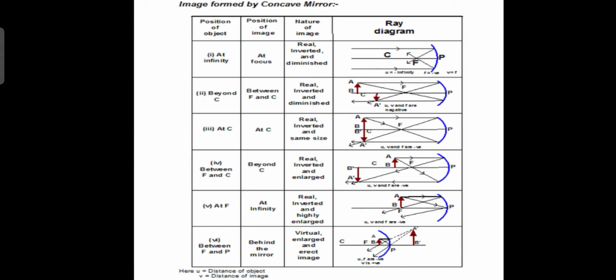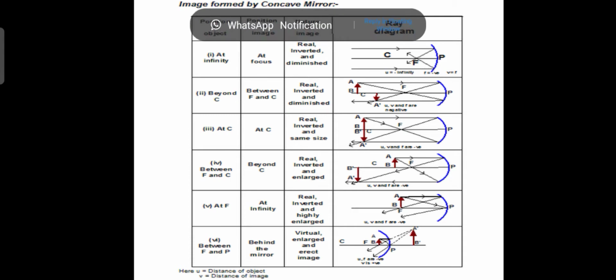First of all, we can look at the image formation in concave mirror. Here we want to take the position of the object at different positions.